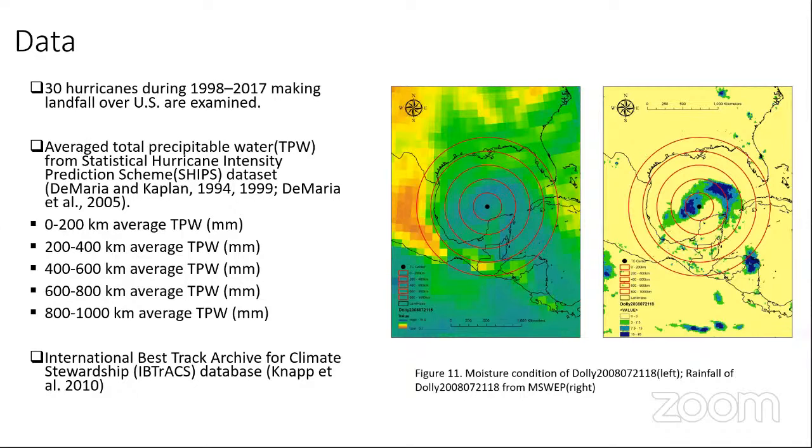It means the TPW from 0 to 200, so that's the core in the center, and 200 to 400, so that's the second annulus area, and 400 to 600 and 600 to 800, and the most outside one is 800 to 1,000 kilometers. So I used the averaged TPW for these 5 annulus regions. And the tracks are also from the IBTrACS.